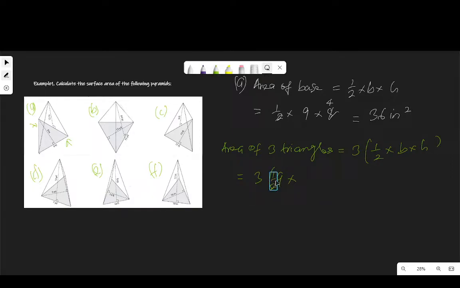Let me rewrite that. Half times 9 times the height. The height is 12 inches in this case, times 12. 3 here, 2 here, 2 here is 6. 9 times 6 is 54. 54 times 3. Need to use a calculator for that.